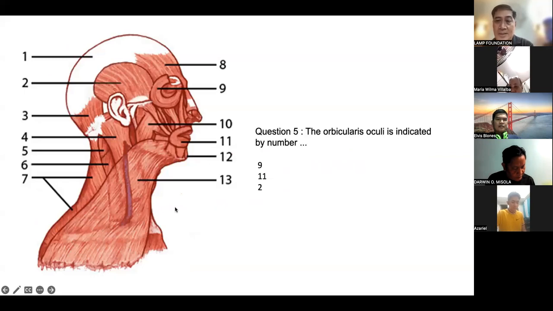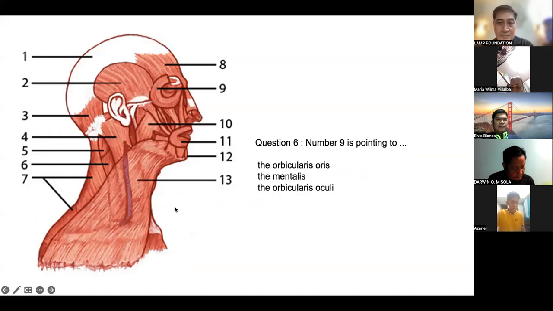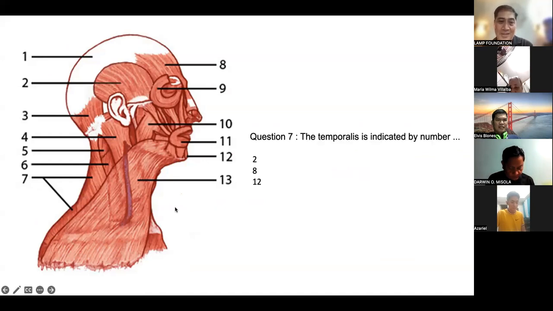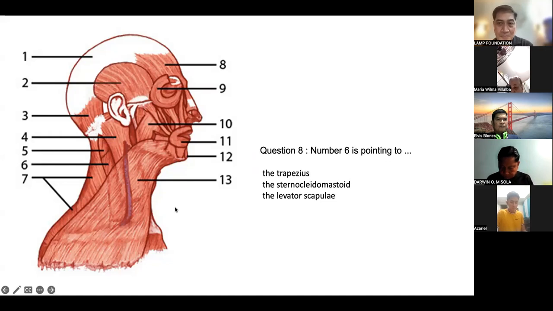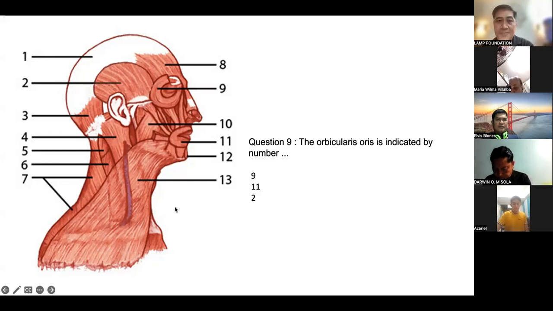The orbicularis oculi is indicated by number? Number 9. Number 9 is pointing to the orbicularis oculi. Okay, temporalis is indicated by number? Number 2. Number 6 is pointing to? Number 6 is levator scapulae.